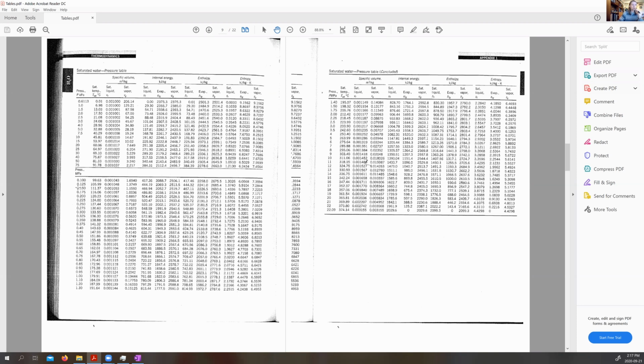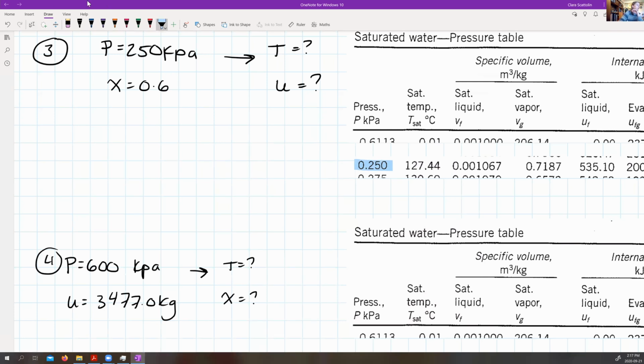So just make sure you're looking at the right lines and you're in the right units. This question is given 250 kPa, which is equal to 0.25 MPa, and that's how it's written in the table. The header isn't accurate right here. Let me just fix that. It's MPa at this portion of the table.